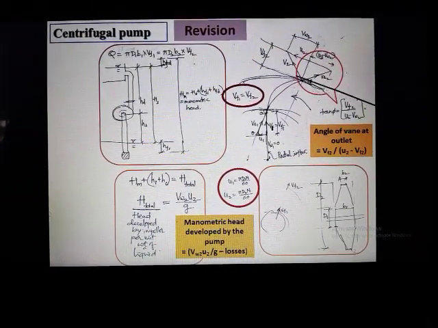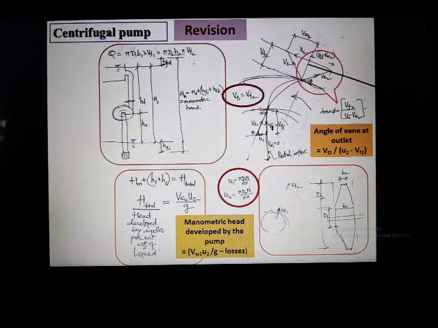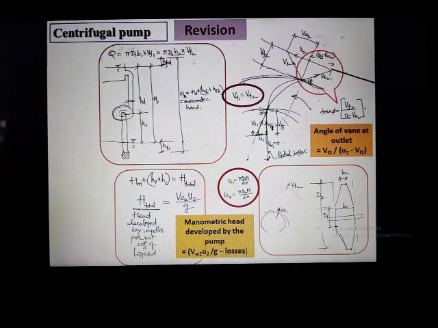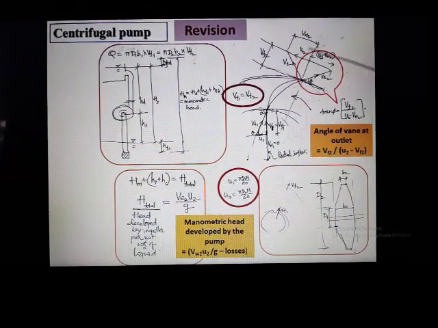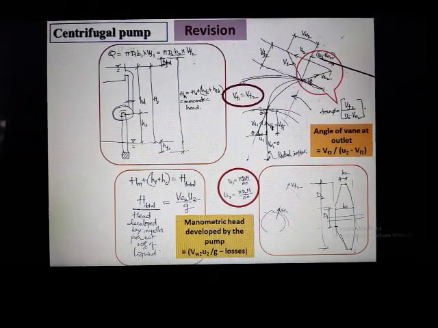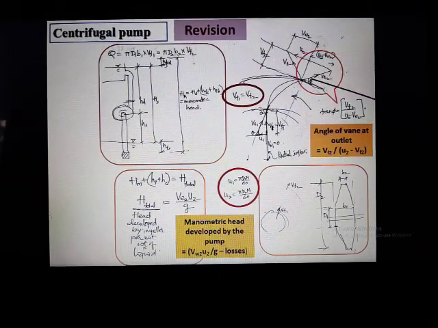Now components of V2 in the direction of U2 is known as Vw2, and in the direction perpendicular to that is known as Vf2, velocity of flow, velocity of whirl. Now U2 being this large, Vw2 being this much, so this distance will be written as U2 minus Vw2. Then this is anyway Vf2.